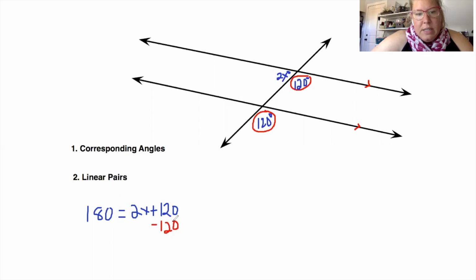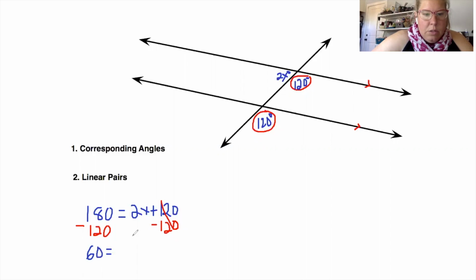So if I subtract, the opposite of adding is subtracting. If I subtract 120 from both sides, okay, that's going to cancel out because 120 minus 120 is 0. 180 minus 120, this is our perfect or favorite number, 60.